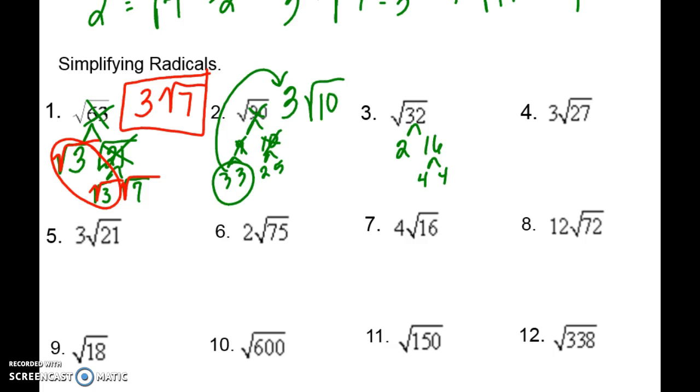Yes, I can break the 4 down more, couldn't I? But do I already have a pair? Once I get to a pair, I can stop breaking those numbers down. I still need to check to see if this one can be broken down. But once I get to a pair, I can stop. Because now I have a pair, and what happens to my pair? It gets to come outside, and what has to stay inside?